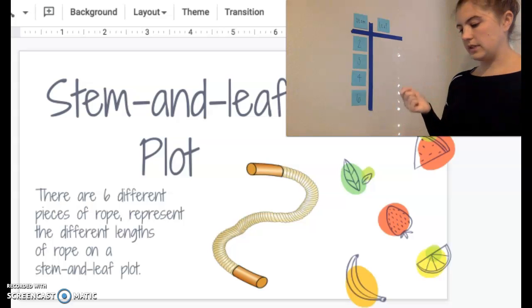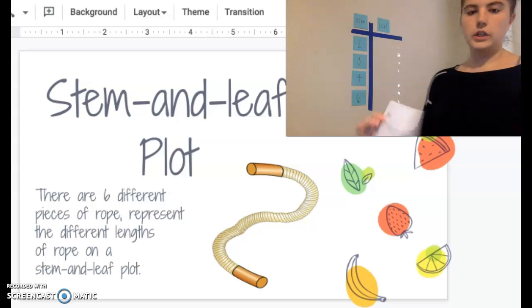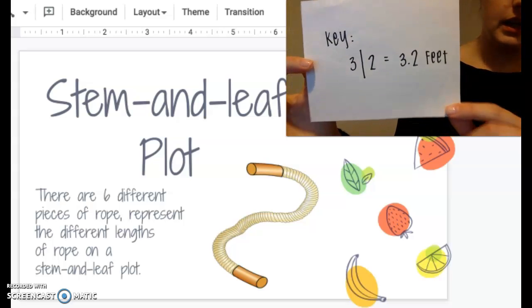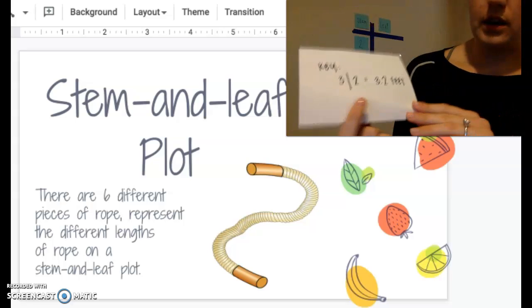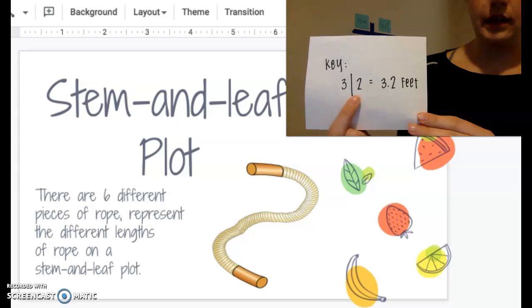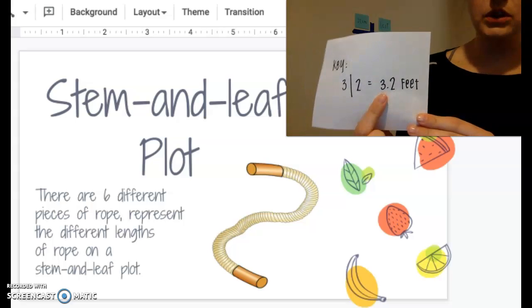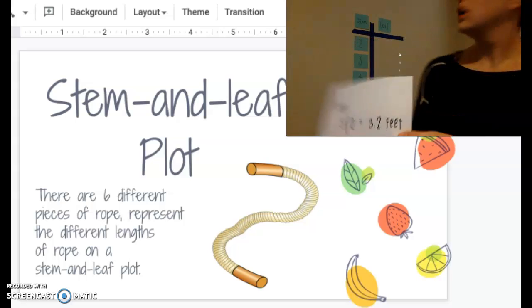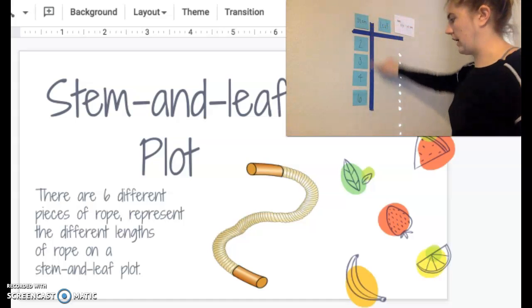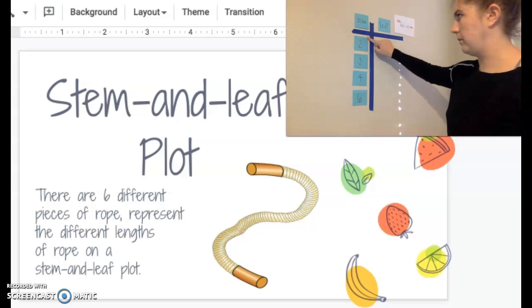This one we're going to be using decimals. So we had to create a key, which here you'll see says if the stem is 3 and the leaf is 2, that's equal to 3.2 feet. So we know that on our stem and leaf plot this line is representing the decimal.